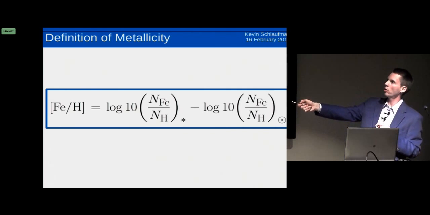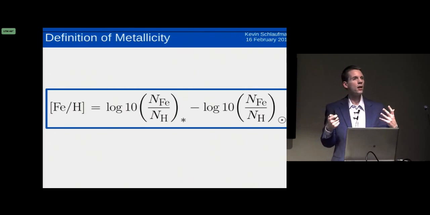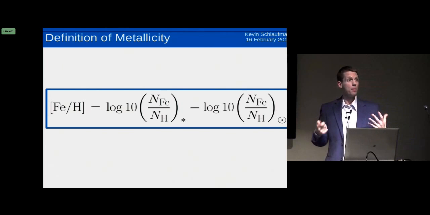And so this is a logarithmic scale which compares the number density of iron atoms in the star's atmosphere relative to the number density of hydrogen atoms, compared to the same quantity for the Sun. And so if I say a star has a metallicity of 0, that means it has the same metallicity as the Sun.